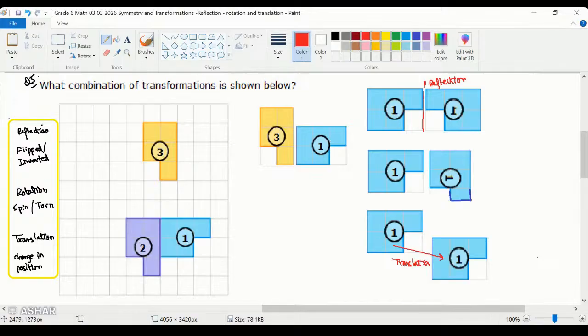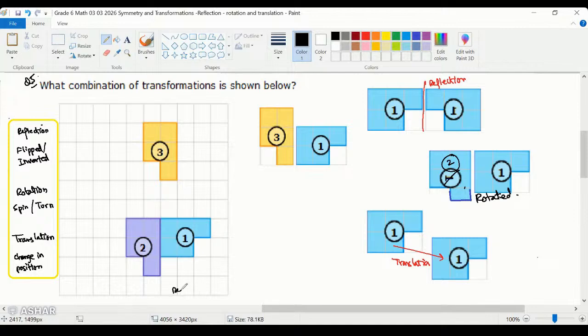Is it translation, reflection, or rotation? If I simply flip their positions and make them like this, can we say if this was 1, this was 2? And we know that this has been rotated, because this cannot be a reflection.